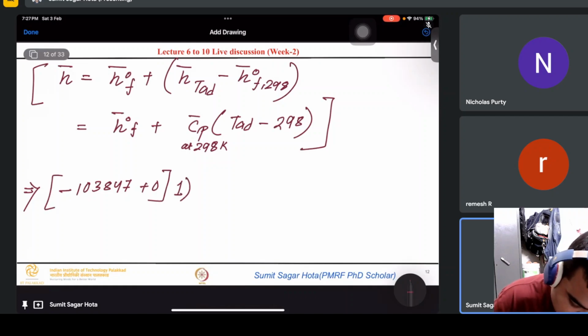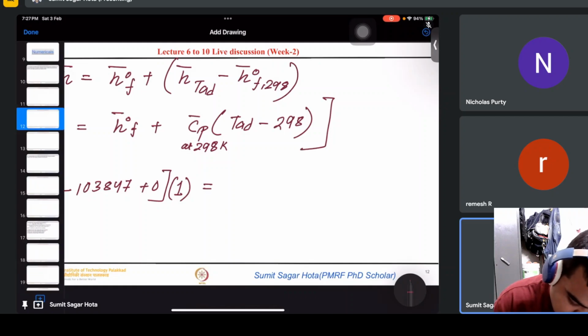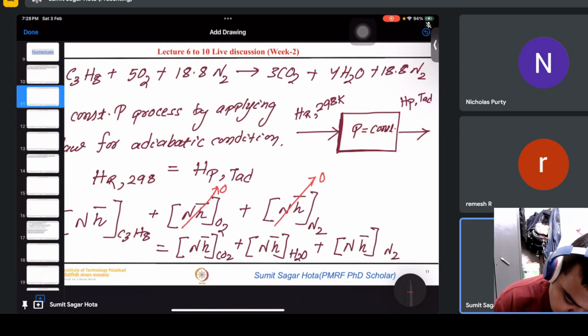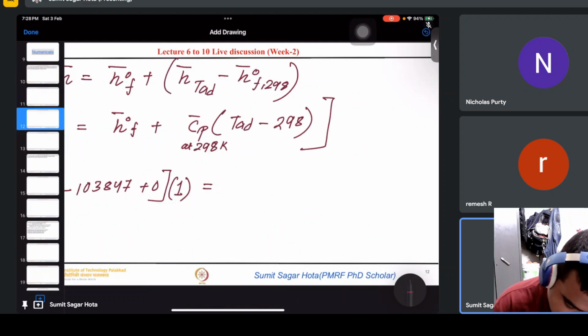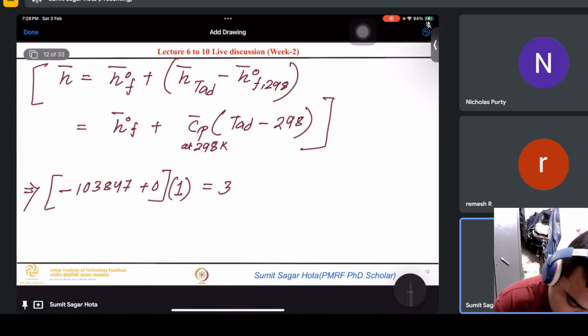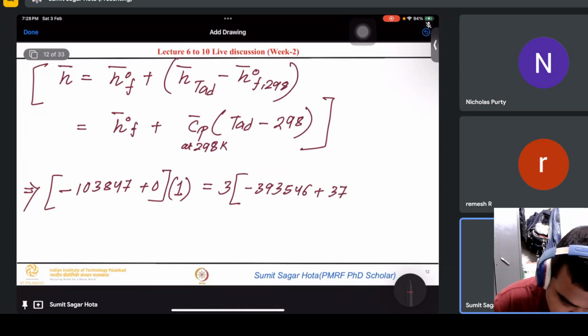Number of moles is 1. Okay, then here will come CO2 having number of moles 3. I have already calculated these values and I just substitute them all.